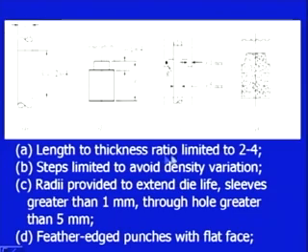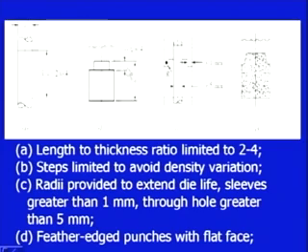Similarly, the length to thickness ratio is limited to 2 to 4; this is part A, and the explanation is given here. Similarly, for part B, we can see the steps are limited to avoid density variation. There are 2 steps here, first and second. These steps should be limited in order to avoid density variation.